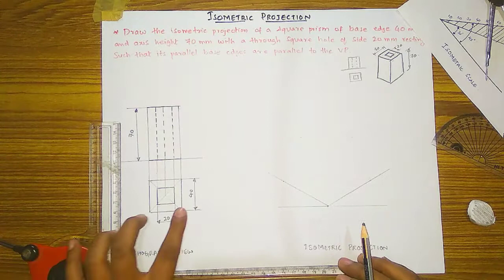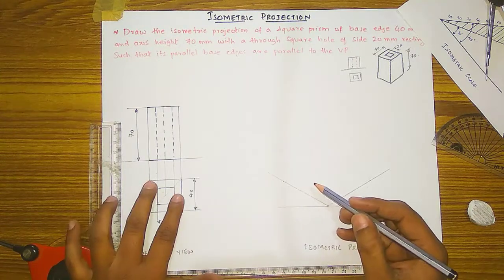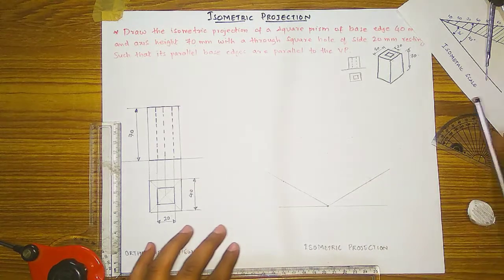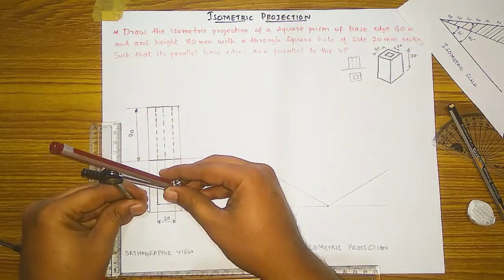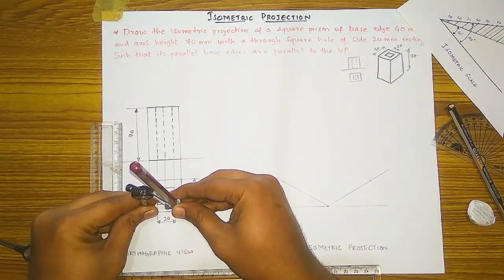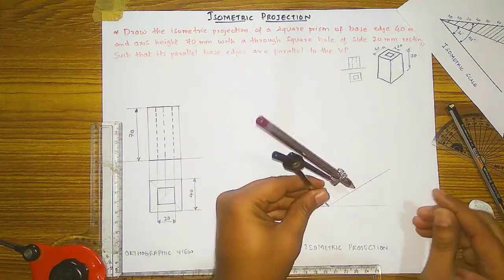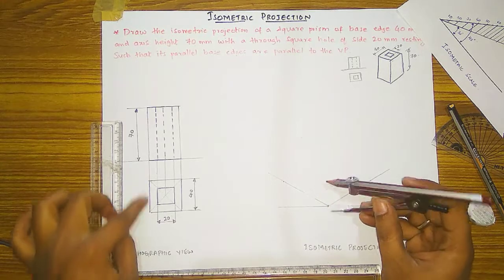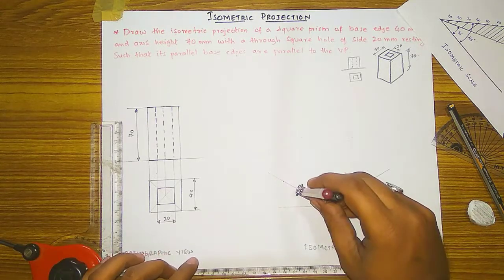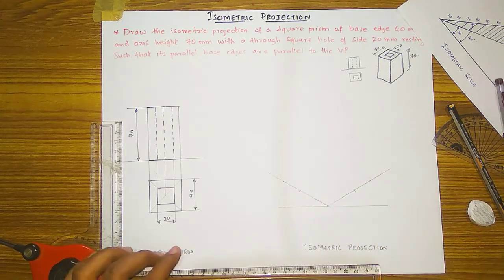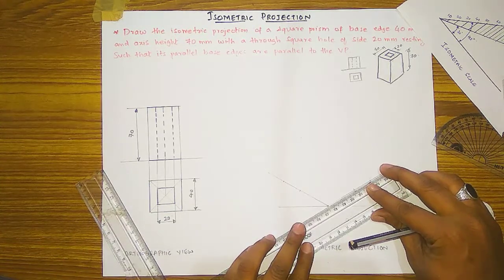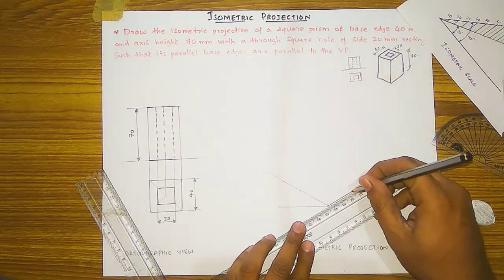Then after this, your square you have to draw as a rhombus. So how to draw this? I will adjust this square distance in the divider and put a line here, and the same distance I am doing on the other side also, and draw this line dark, as much as we have taken.